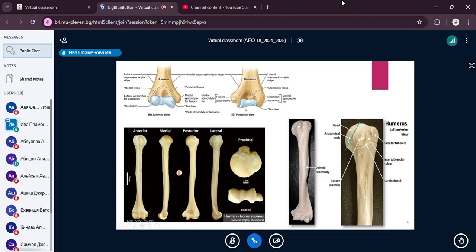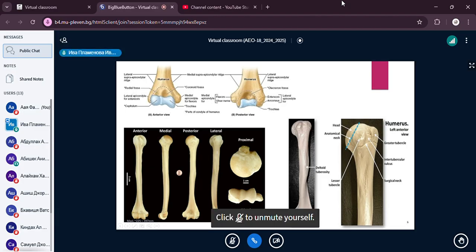From the posterior view, again, you can see the medial epicondyle, the lateral epicondyle, and behind the medial epicondyle, you can see the groove for the ulnar nerve, sulcus nervi ulnaris.